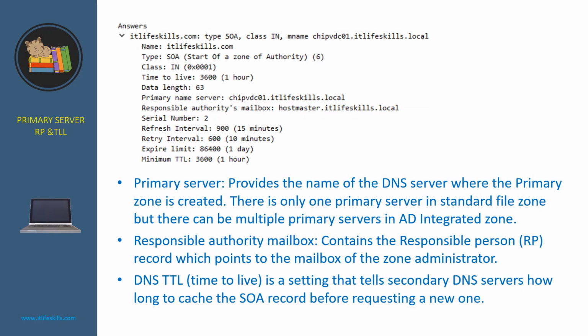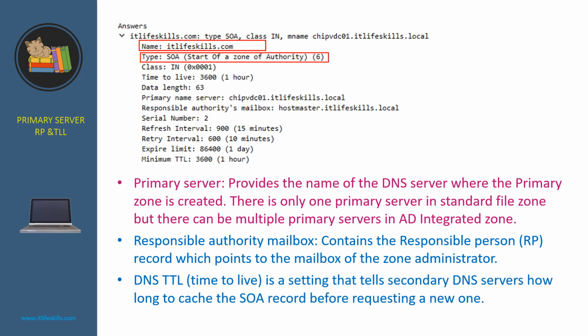Let's now explain the important fields of the SOA record. First of all, it specifies the type as an SOA record for the zone itlifeskills.com, which means each zone has its own SOA record. The next field is the primary server. It provides the name of the DNS server where the primary zone is created.